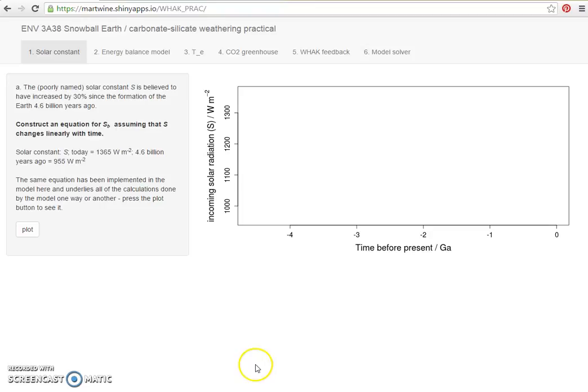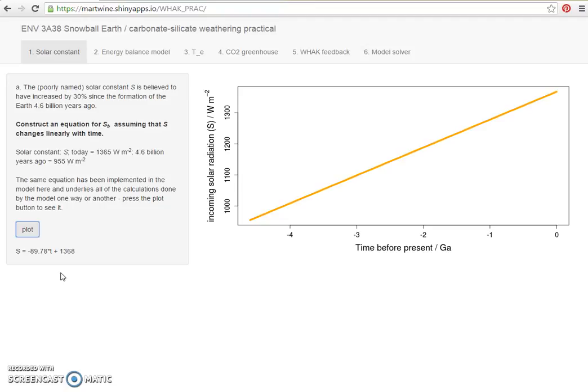You can twiddle positive and negative values around to get that, but eventually you can arrive at an equation that is numerically equivalent to S equals minus 89.78 times t plus 1368.